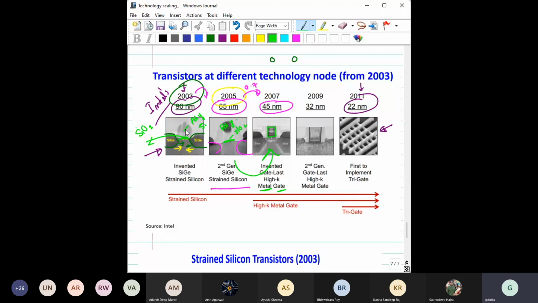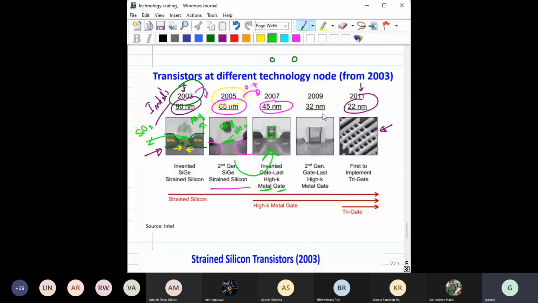But when this depletion of polysilicon has become comparable to TOX, then we cannot use the polysilicon gate anymore, because COX is very important. ID, remember, is proportional to COX. If oxide thickness is more, current will be lower. So the scaling will not work.